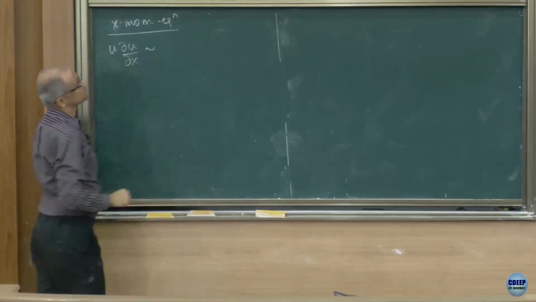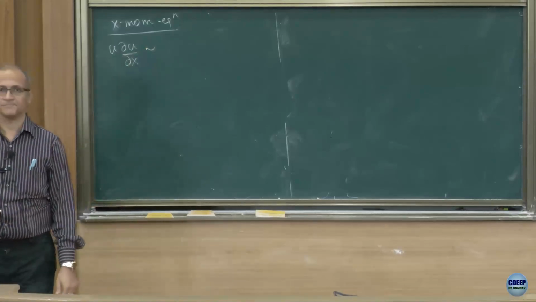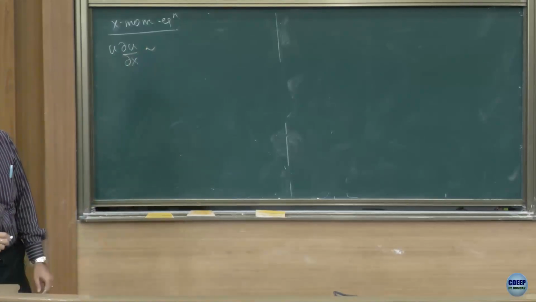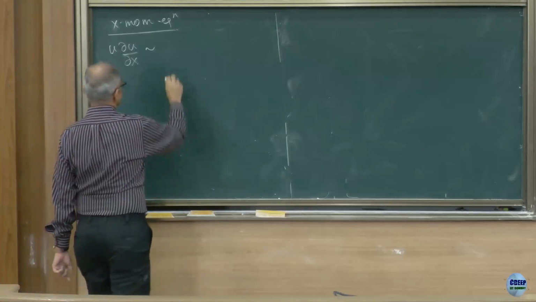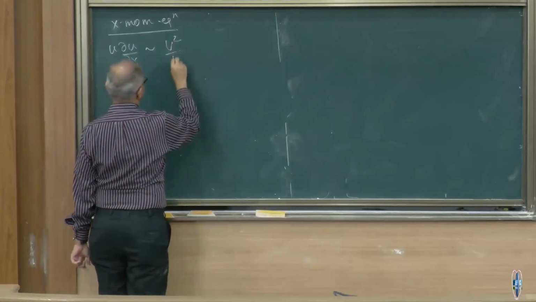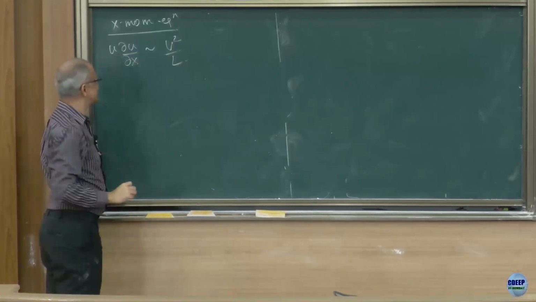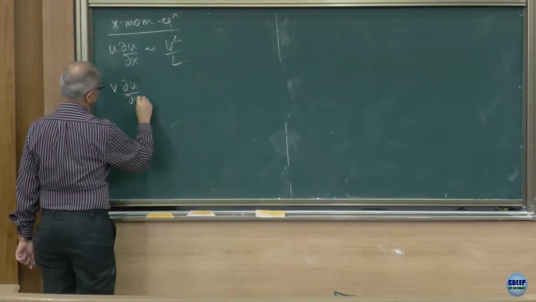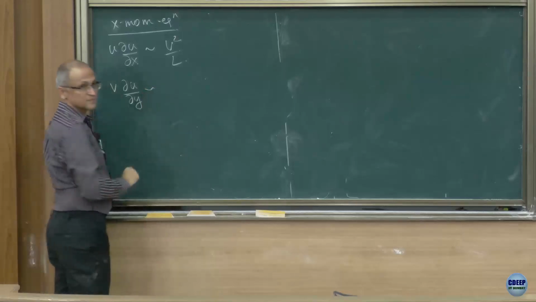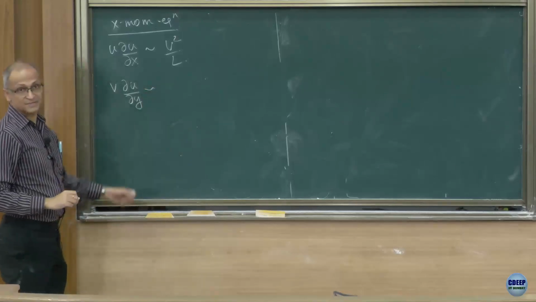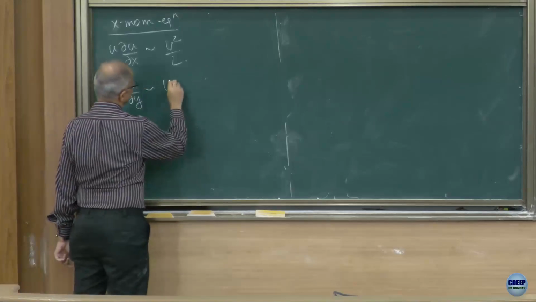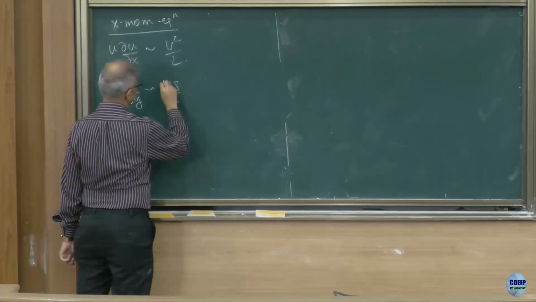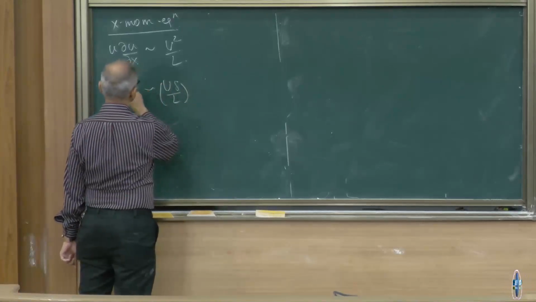How does it scale? U square upon L, straightforward, right? V dou U by dou y. V is scaling as U delta by L. That's my V scaling.